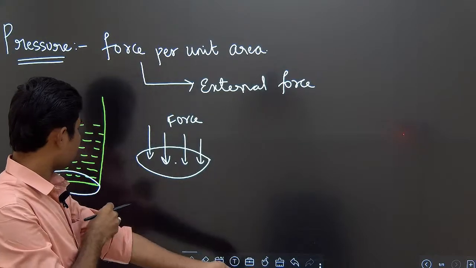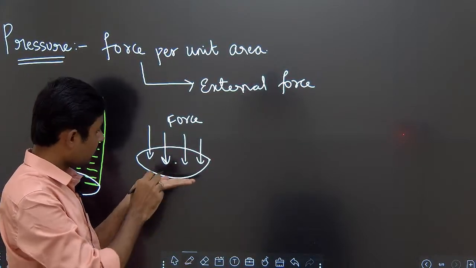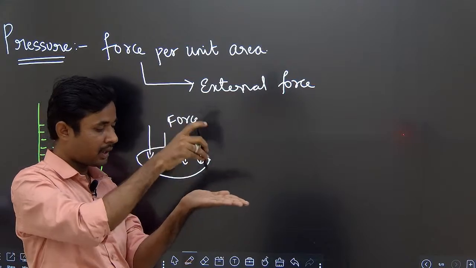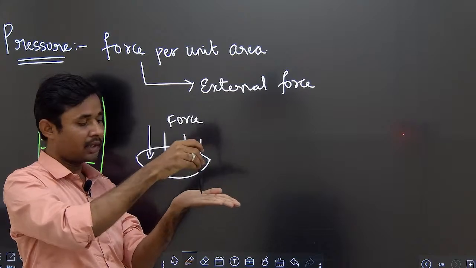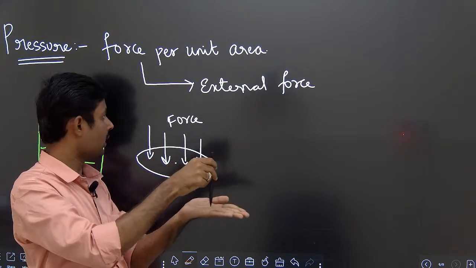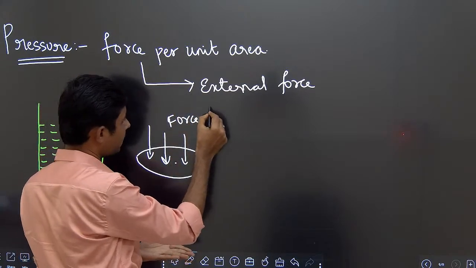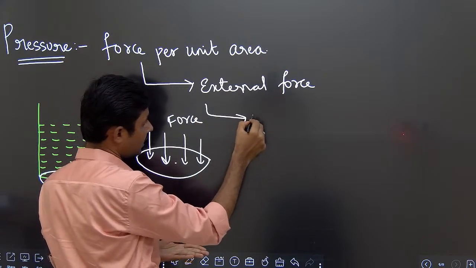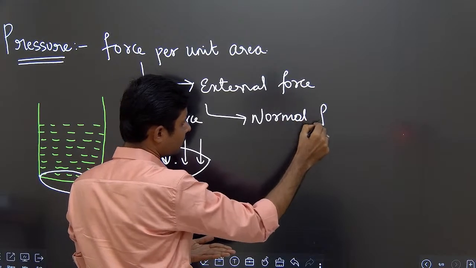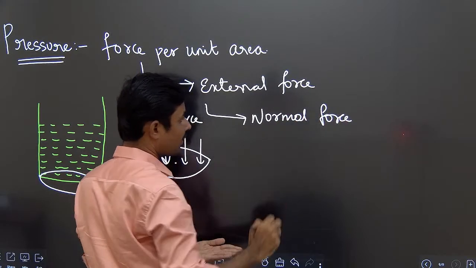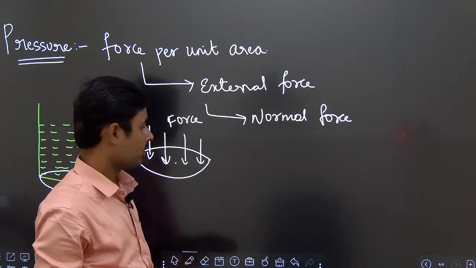And if you see, the force is acting perpendicular to the cross section. Whenever the force is acting perpendicular to the cross section, we call that force a normal force.